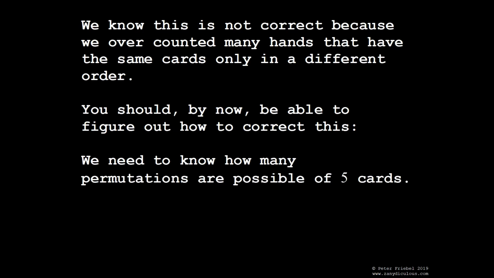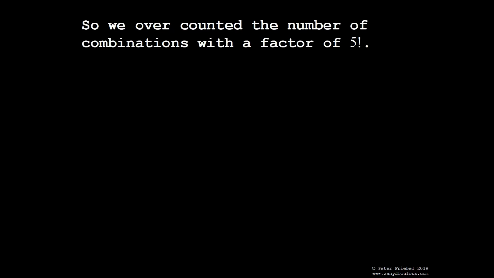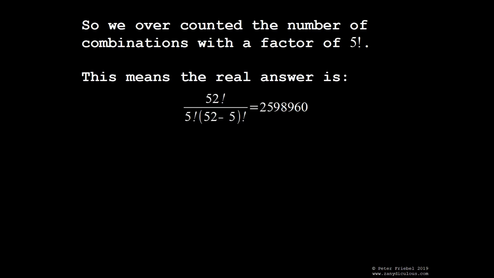We need to know how many permutations are possible of 5 cards. The answer is, of course, the factorial of 5. So we overcounted the number of combinations with a factor of 5 factorial. This means that we need to divide the number by 5 factorial.